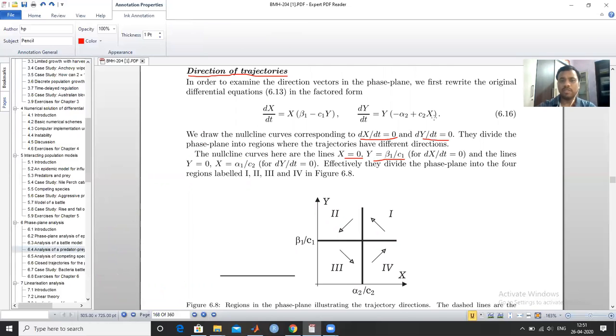And if you put dy over dt equal to 0, then y is equal to 0 and x is equal to this. So if you plot these lines, this represents y is equal to 0 and this represents x is equal to 0. And y is equal to beta by c1 is this line, and x is equal to alpha by c1 is this line.